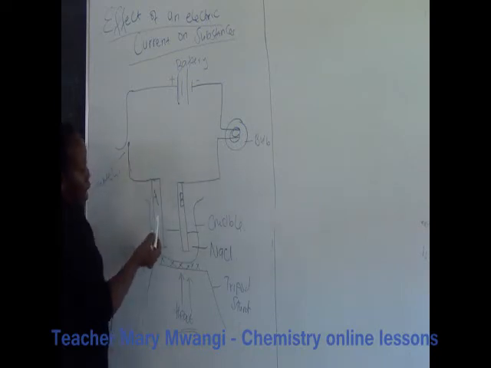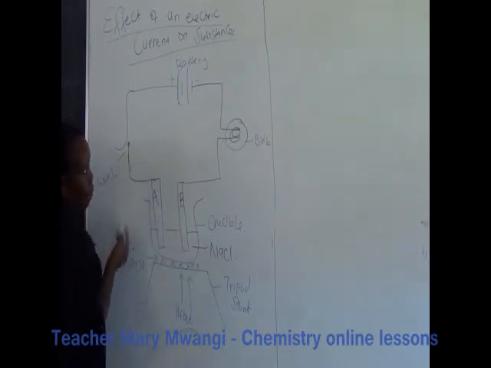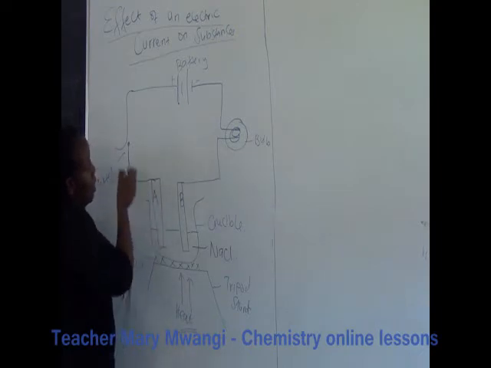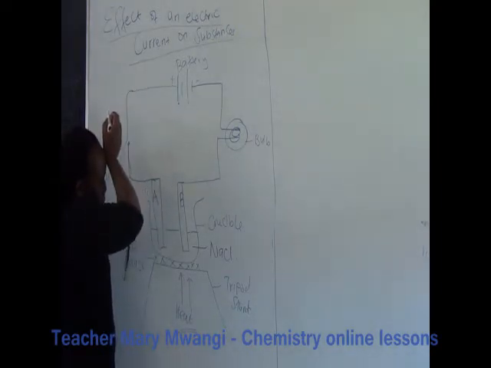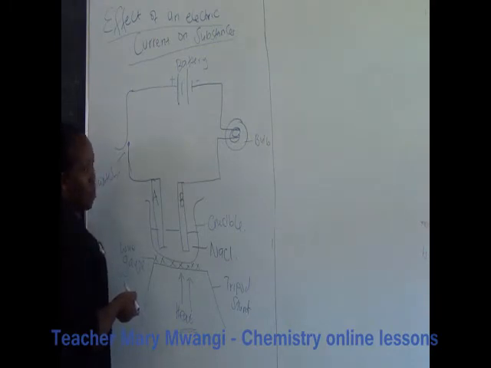Now, how will we identify the rods A and B? The rod that is connected to the positive terminal, and another one that is connected to the negative terminal.